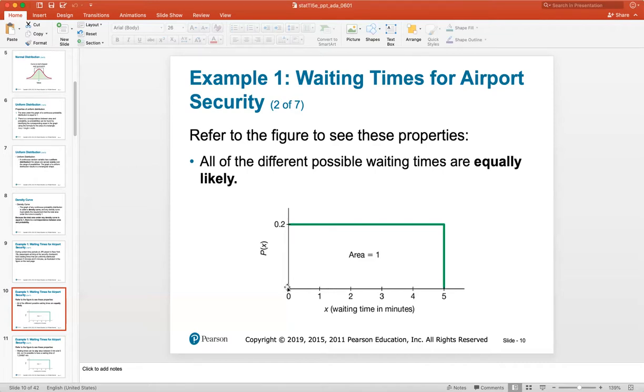The probability is set to 0.2 because the range 0 to 5 times the height must be equal to 1. Then the height must be 0.2. Otherwise, we're not going to get 1 as the area. So that's why the probability must be equal to 0.2. To better understand why, for a continuous random variable, the probability is the area on the graph of the probability distribution, we are learning the uniform distribution.